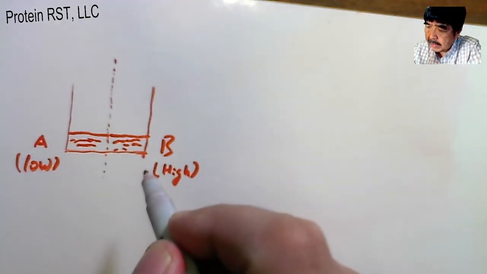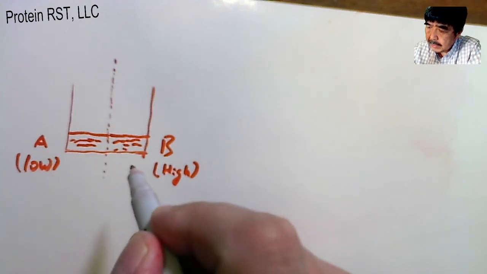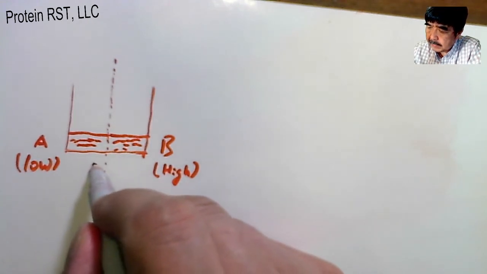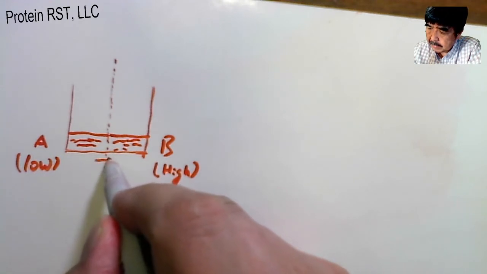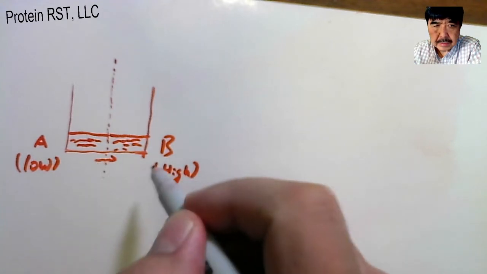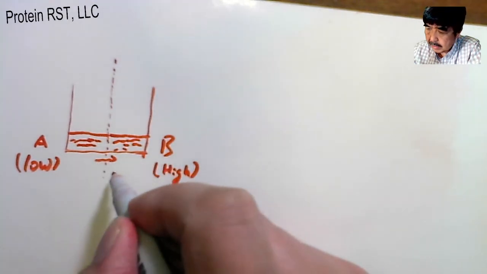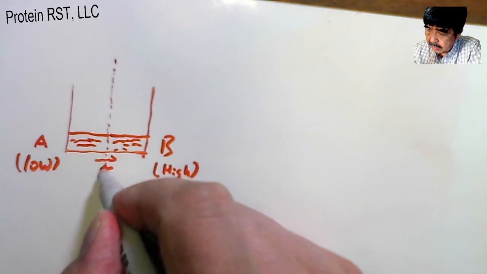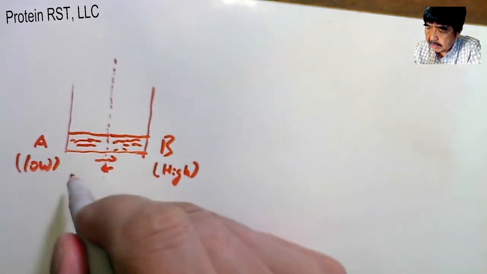So at the beginning, the water solvent flow rate from the low concentration to the high concentration is much bigger than the opposite, from the high concentration to the low concentration.